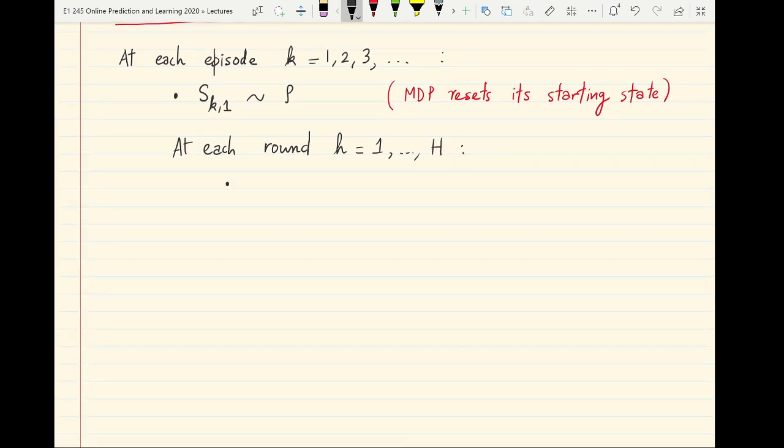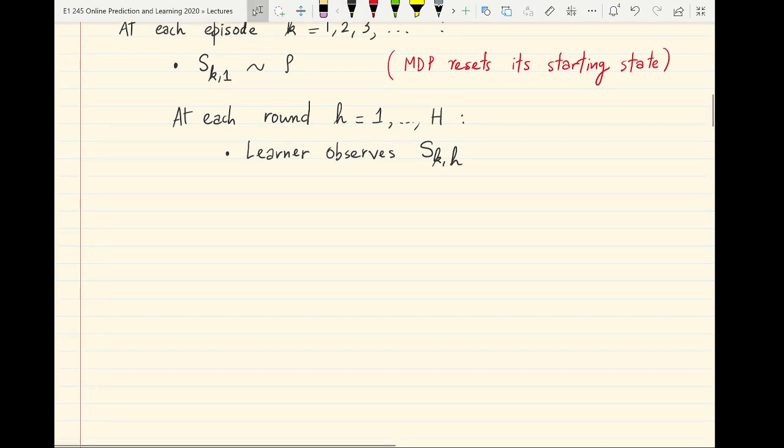The learner now has a chance to experiment. The learner gets to observe the current state S_kh. So, recall that h is equal to 1 initially. So, the first start state is observed.